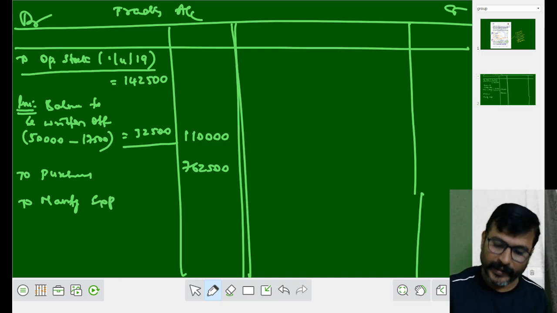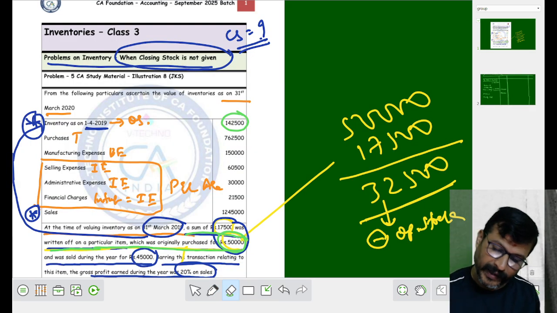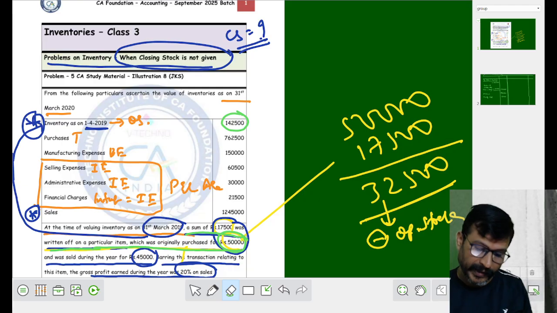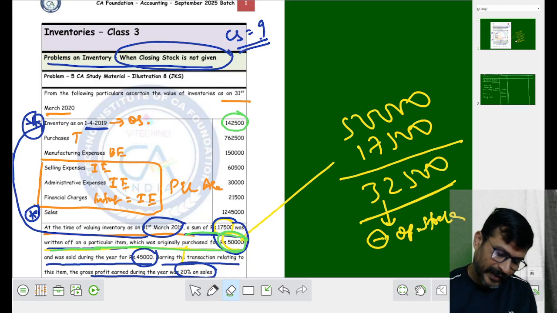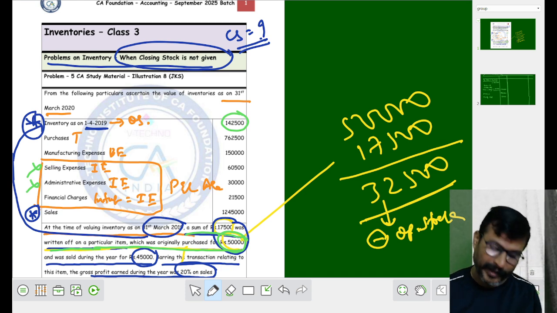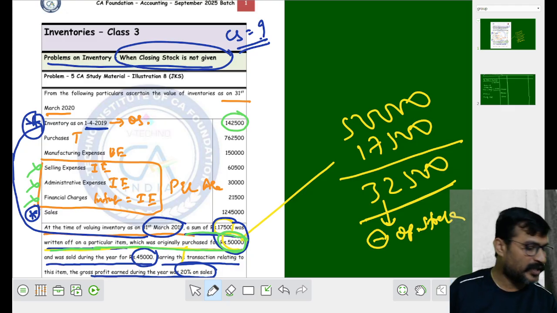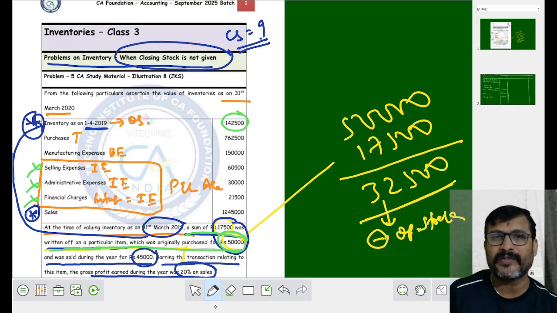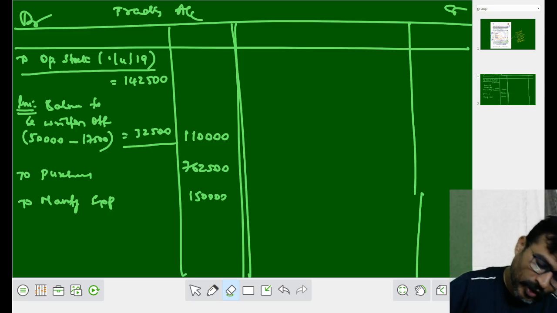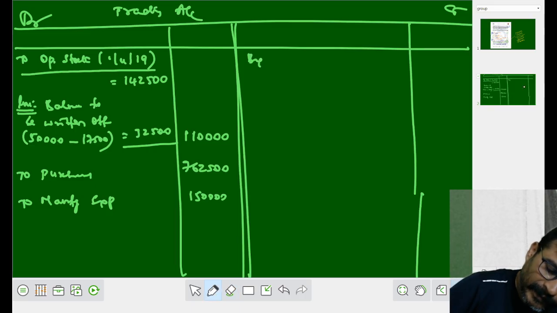To manufacturing expenses an amount of rupees 1,50,000. So you record that 1,50,000. Selling expenses not comes in trading, administrative also not to be recorded in trading, financial charges not to be recorded in trading because they come in the P&L account as indirect expenses. Sales is given as 12,45,000. Where to record the sales? On the credit side.